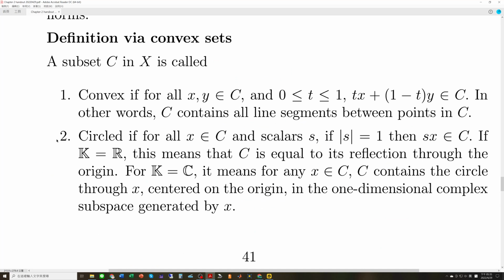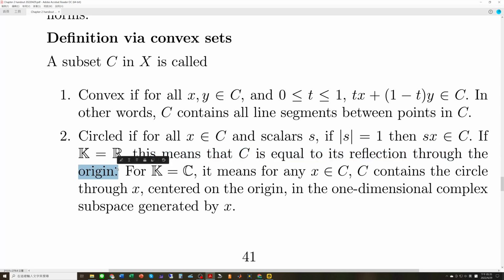C is called circled if for all x in C and scalars s, if the absolute value of s is equal to 1, then sx is in C. If K is equal to R, that is, the set contains all real numbers, this means that C is equal to its reflection through the origin.